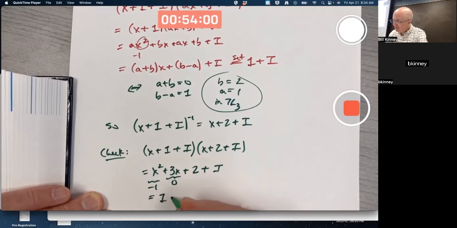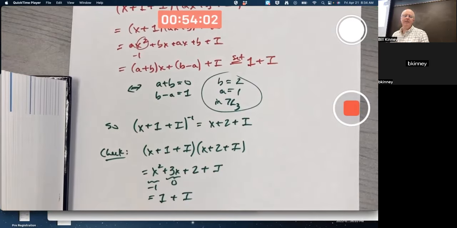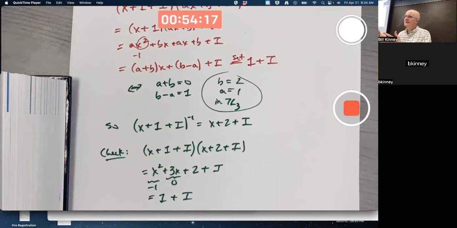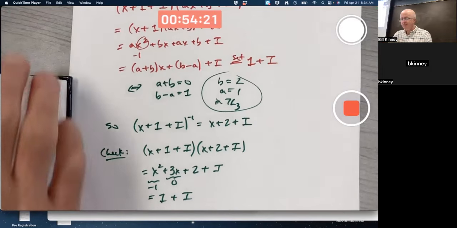This simplifies to 1 plus I. 3x is 0 because the coefficient got modded by 3. x squared is -1 because we're in this factor ring, not the original ring, not Z3x, the factor ring, which does happen to be a field that turns up.